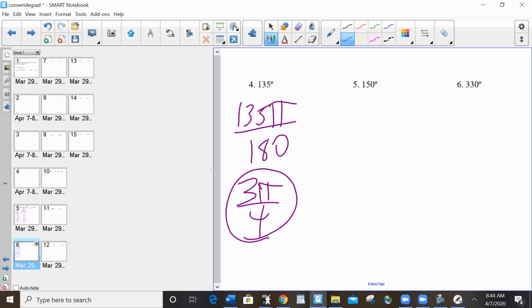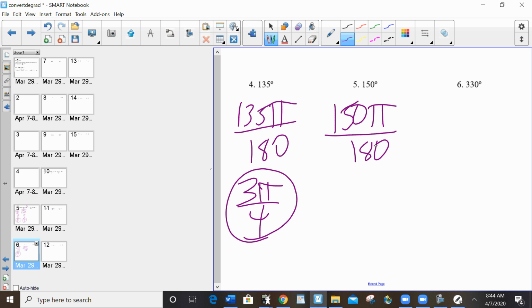I'll give you 30 seconds to try number 5 on your own. To convert to radians, multiply by pi over 180. From here, all you need to do is reduce the fraction.